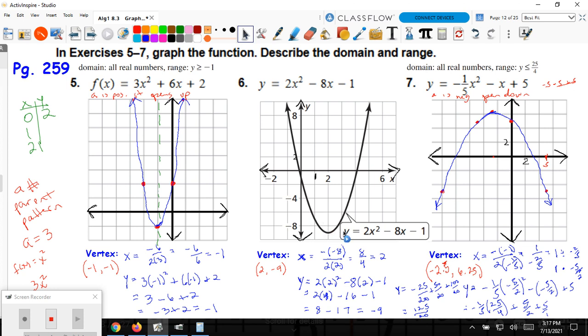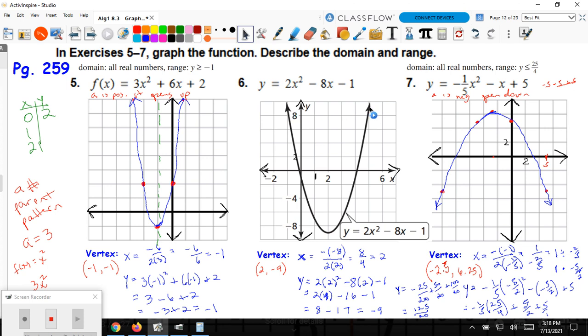Go 1 this way, put it right here. We can do 3 this way or 3 that way. Remember 3, we're going to be squaring that, getting 9. Multiplying that by 2 would be 18. So 1, 2, 3 this way, we go up 18. So 2, 4, 6, 8, 10, 12, 14, 16, 18 would put us right here where that arrow is.